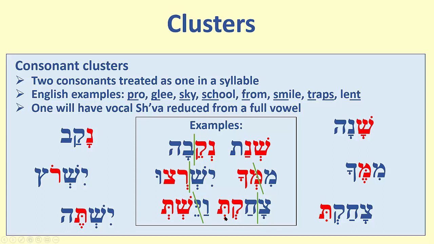So when it was written in the Bible, it was written simply with an audible schwa, a vocal schwa at the end. Tzachakt actually came from something kind of like this, tzachakti, or something like that. It had an I sound at the end, and that was lost, so now it just shows up as tzachakt, with a vocal schwa under the tav.